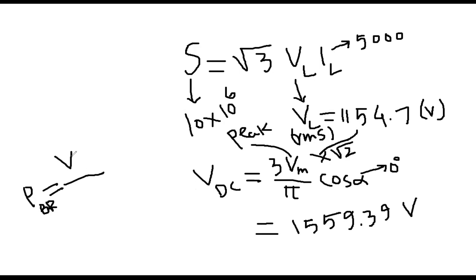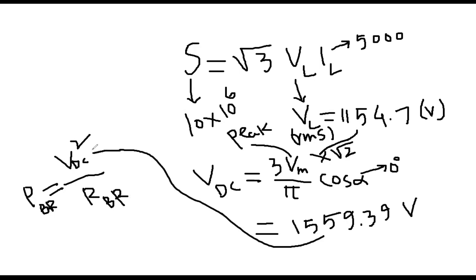And then use the last equation, PBR equals VDC squared over RBR. This value will go for the VDC. The PBR value was 10 megawatt, which was given. This was 10 multiplied by 10 to the power 6 in watt.